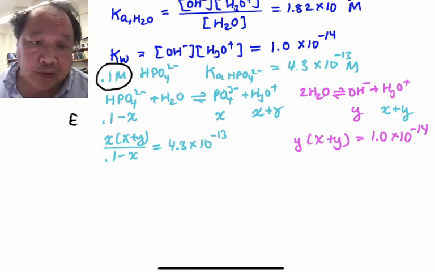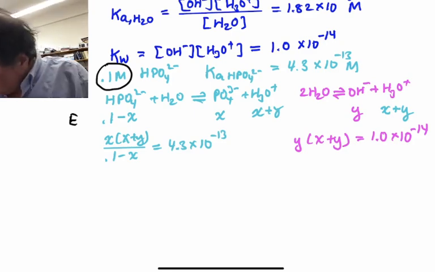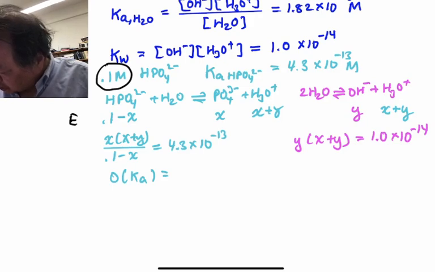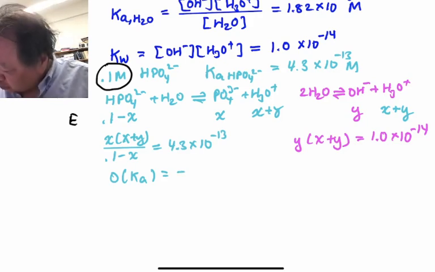We're going to start off with orders of magnitude. Okay, good. So we know that the order of magnitude of Ka for this reaction of HPO4 2- is minus 12.5.